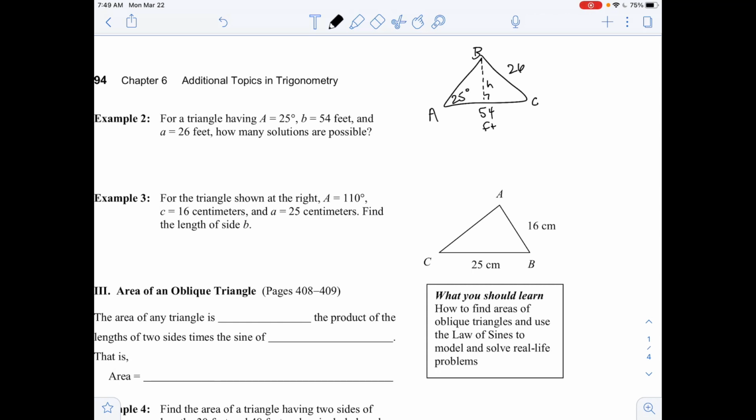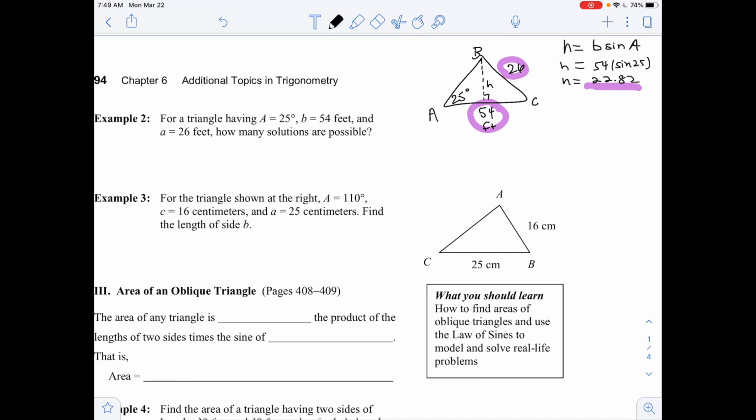Well, remember, we know that the height is side B times the sine of the angle. In this case, our angle is 25 and the B side is 54. If I plug that into my calculator, I get 22.82. Let's compare that to sides A and B. So in this case, H is 22, A is 26, and B is 54.